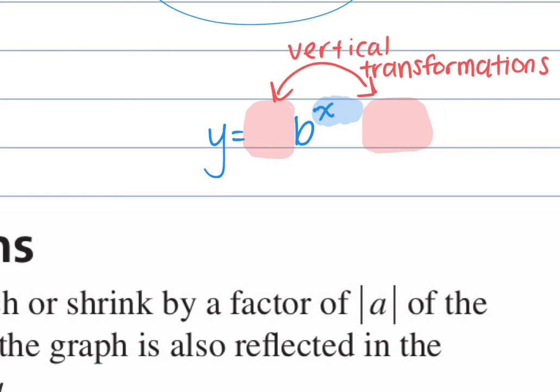So anything up here as the exponent will be considered a horizontal transformation. So anything in the blue region is considered a horizontal transformation.